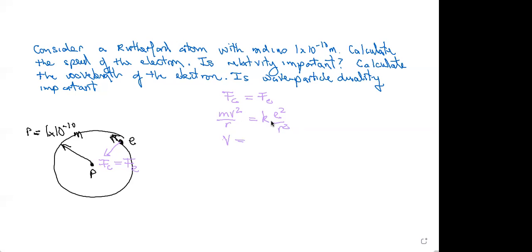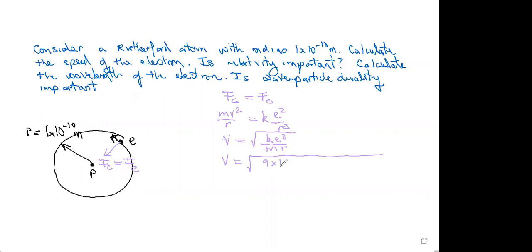So if I multiply through by the mass, divide through by the radius, and take the square root, I get the following equation for the velocity.